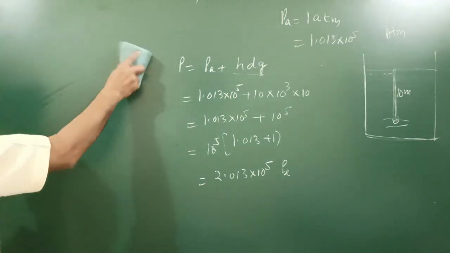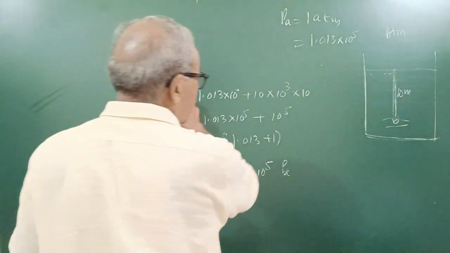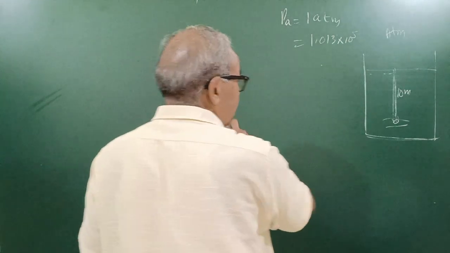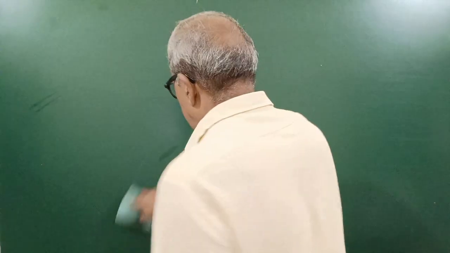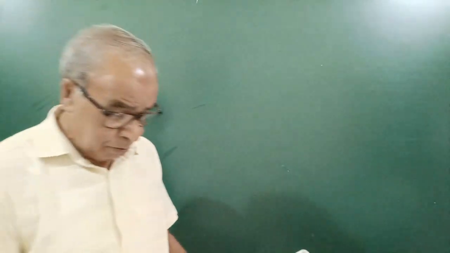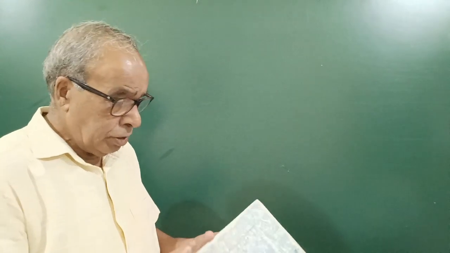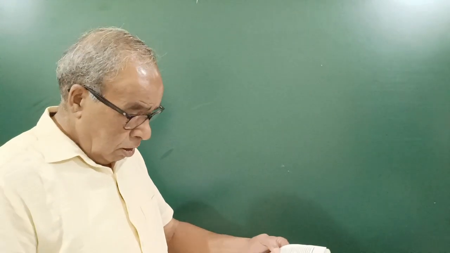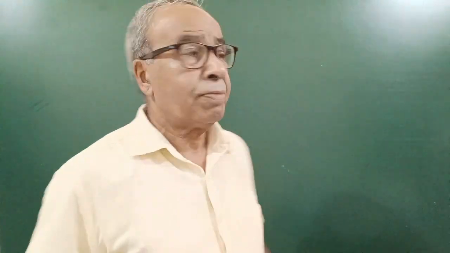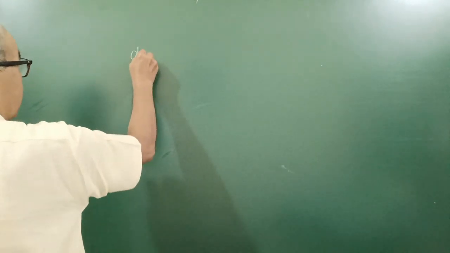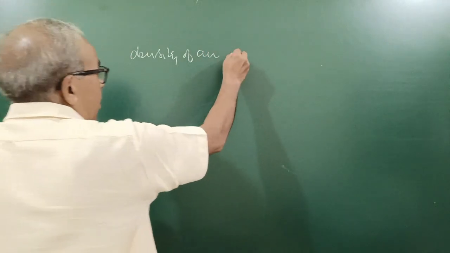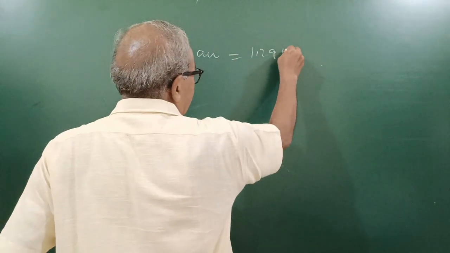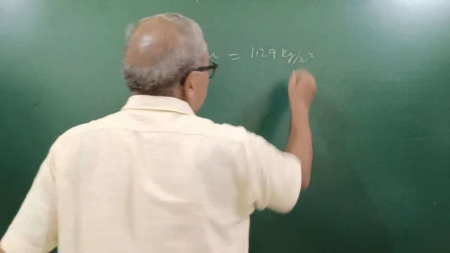Now there are many questions in the NCERT book which we keep thinking are simple, and in the exam, especially class 11 students have very poor management of calculation. Now there is another: density of atmosphere at sea level, density of air equal to 1.29 kg per meter cube at sea level.